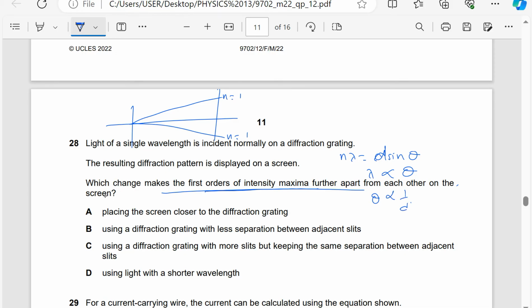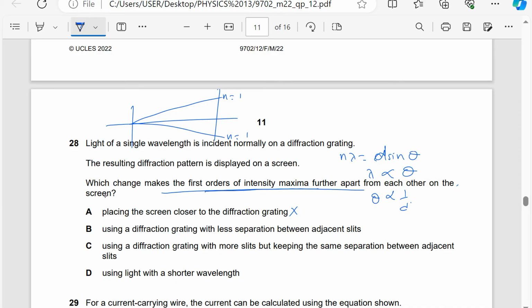So placing the screen closer to the diffraction grating, the screen distance is not affecting anything here, so this is out. Remember, n is the order, lambda is the wavelength, d is the slit separation, and theta is the angle of diffraction. So the angle of diffraction is the one which determines how far they are from the center.